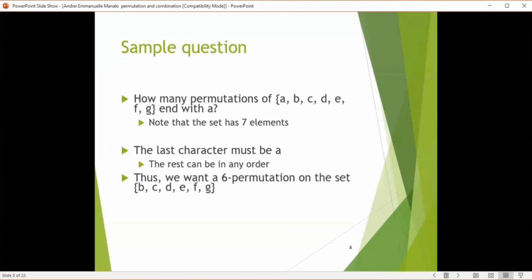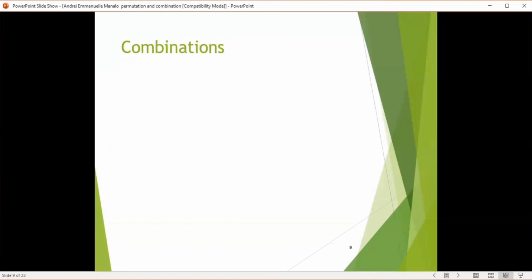Thus, we want a 6-permutation on the set B, C, D, E, F, G. P(6, 6) equals 6 factorial, which gives us 720. Why is it not P(7, 6)?